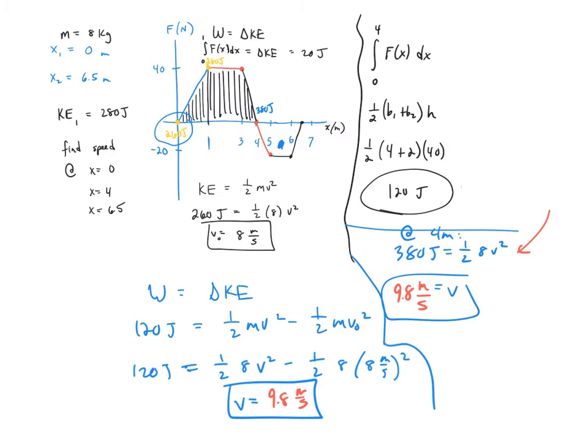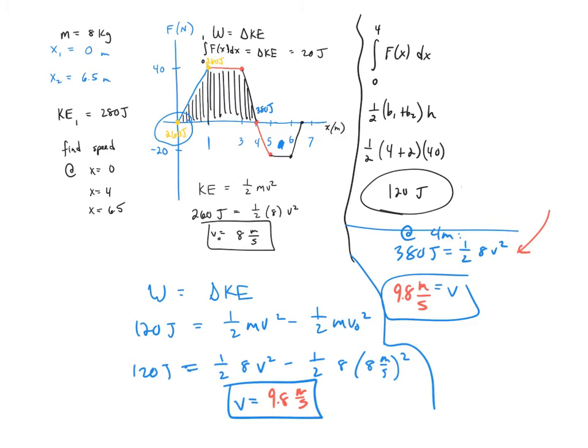So I want you to see both approaches in this problem. There may come a time where you don't have the actual energy of 380, but you know that this area is 120, so that's going to be the work done. If you had a starting velocity given, you could then find the final velocity, which is the velocity here at 4 meters of 9.8.